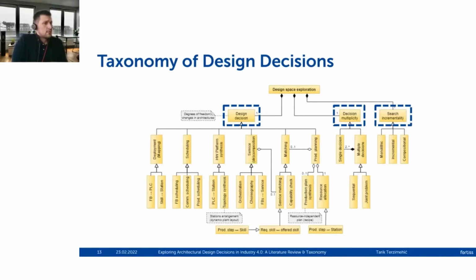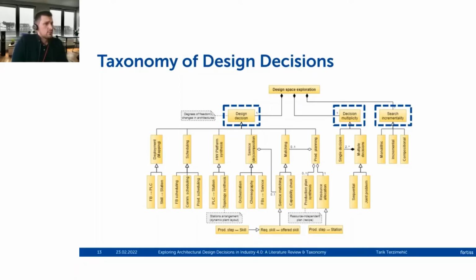And of course, as a part of service composition, we can think about extracting services from monolithic applications and also doing the opposite, decomposition. Part of the service composition decision is also service matching: matching required services, which we derive from product recipes, with the offered services from stations, from resources.